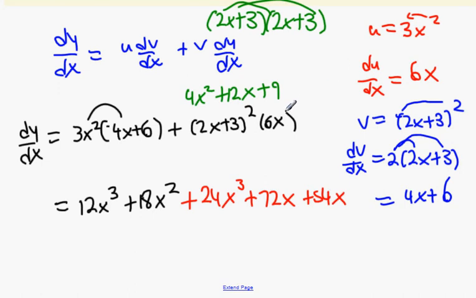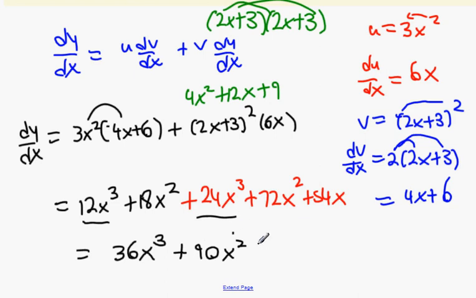And then 12x cubed plus 24x cubed is 36x cubed, 18x squared plus 72x squared is 90x squared, and then 54x at the end. So that's our answer for that one.